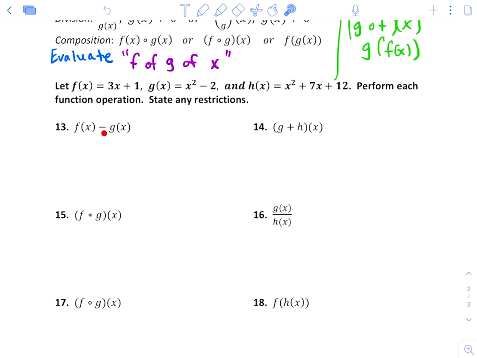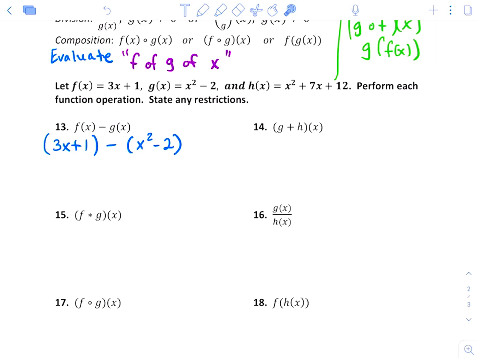So on 13, this is asking us to subtract. So I'm going to take my f of x function, so that is 3x plus 1. And I'm going to put it into parentheses since I'm substituting right now. And then we are going to subtract our g of x function. So that's this x squared minus 2. Okay. And now we're just simplifying.